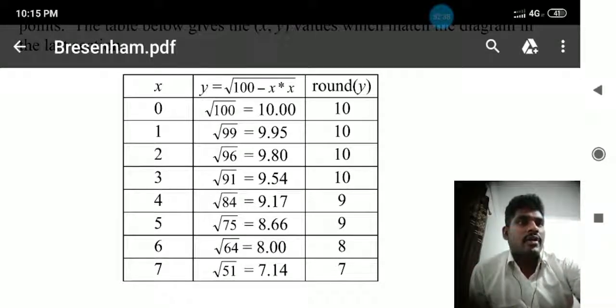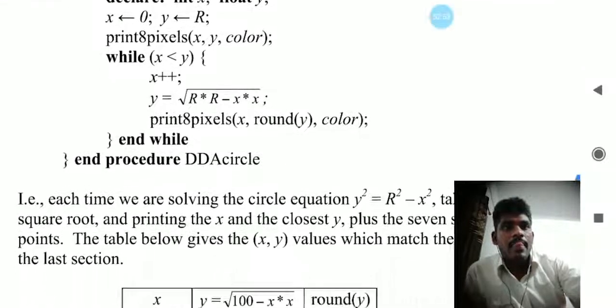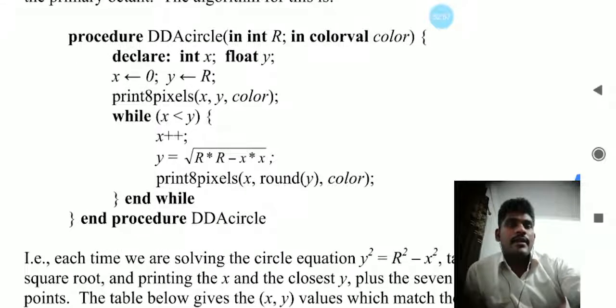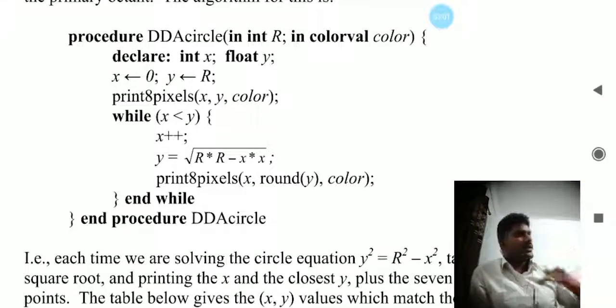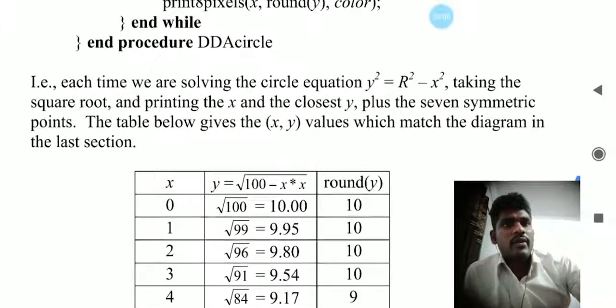So take the x value 0, y value 10. Until x is less than y, x value always increases.